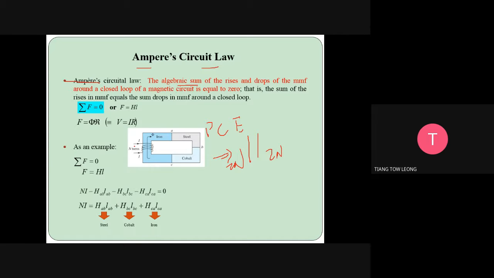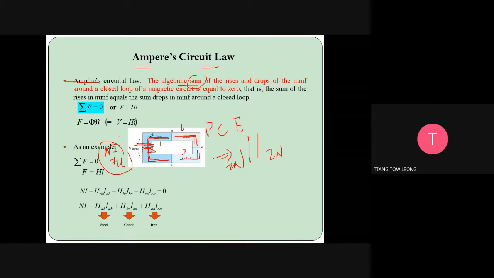So same as well, this is a source of energy, Ni, which is HL, and it converts into magnetic field. So the field will be absorbed by this material and also this material and this material. So 1, 2, 3. Which means the summation of all the MMF here will become the same as here.